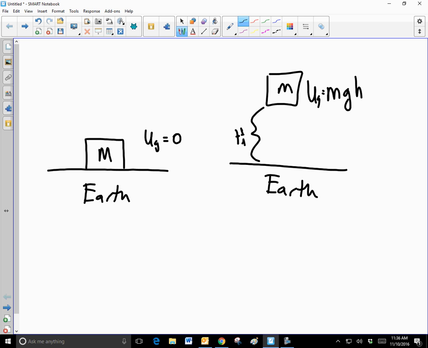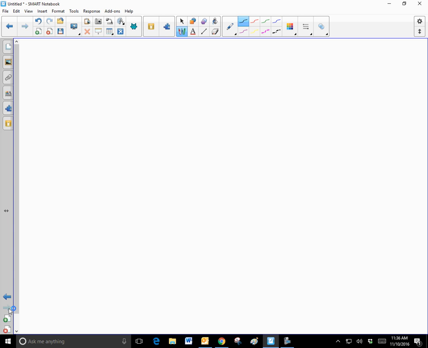So we're going to consider what happens if we take the Earth into account and if we don't take the Earth into account. What's the difference between those two situations?